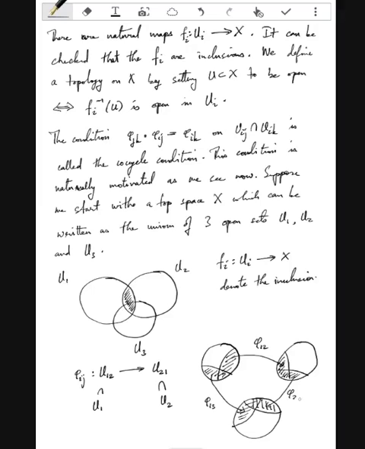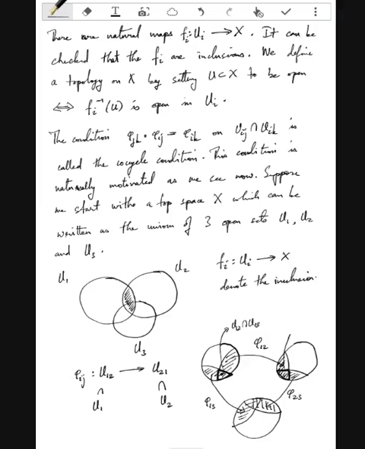Notice that if I take a point over here, this small triangle is U12 intersected U13, and this triangle is going to get mapped to this triangle here.